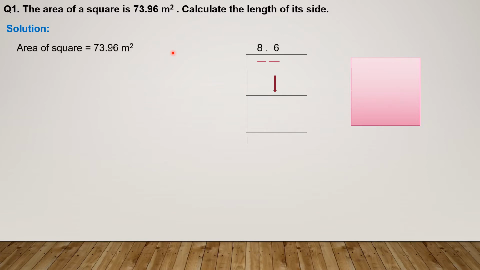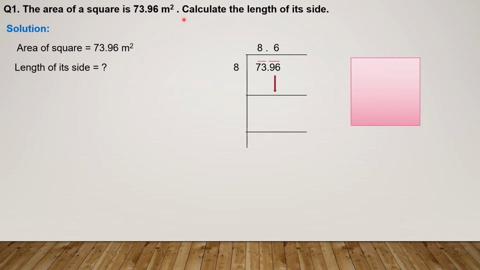Let's start our solution. First of all, whenever we are solving word problems, we will write the given information that is in the question. The first line of your question is the area of a square is 73.96 meters square. So in the solution, we will write: area of square, instead of "is" we will put the sign of equality, is equal to 73.96 meter square.